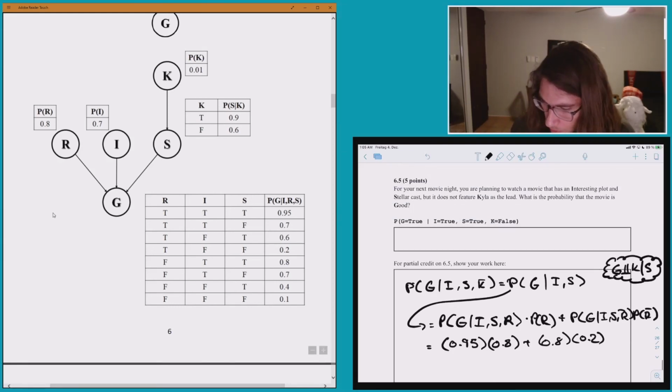And I'll cheat again and use a number I wrote down beforehand. This is 0.92.